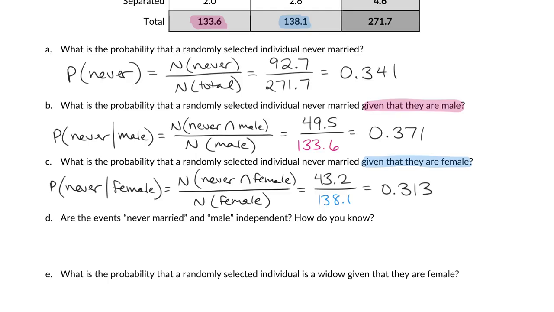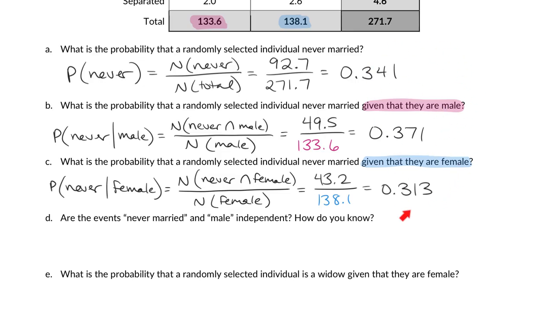The next question is going to ask me, are these events independent? Independent is saying that knowing the probability of one does not affect the probability of the other. Is that true in this scenario? Does knowing the chances of them being male or female change the probability compared to the entire population? Are all of these numbers the same?